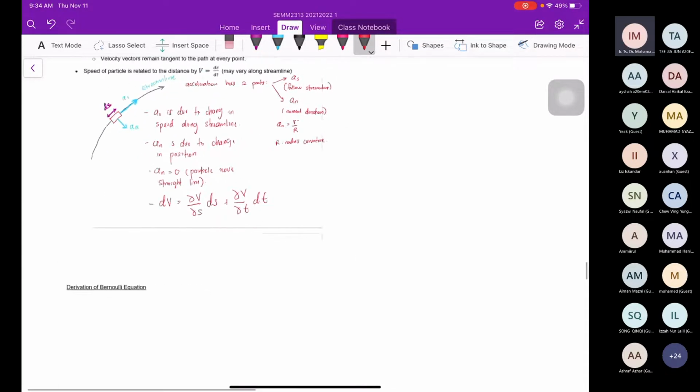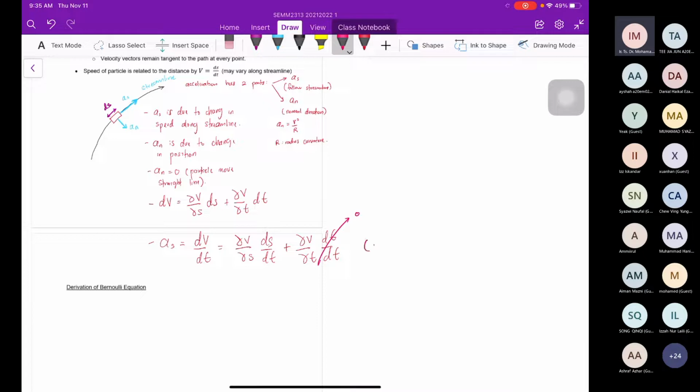However, in terms of acceleration in the streamline direction, dv over dt is equal to partial derivative of v over partial derivative of s, ds over dt, plus partial derivative of v over partial derivative of t, dt over dt. This we can cancel out.